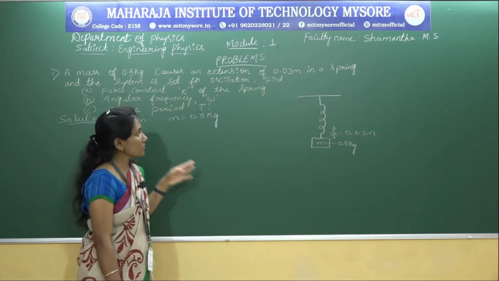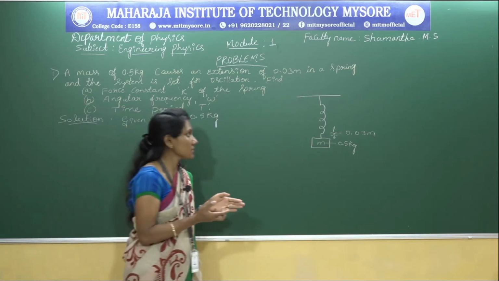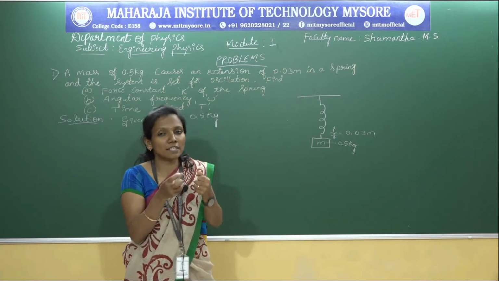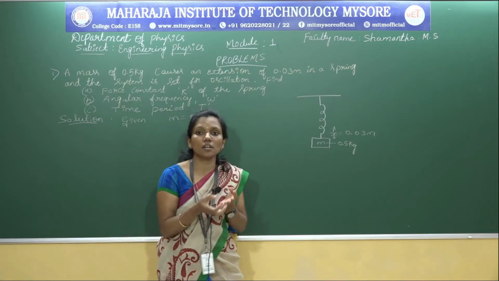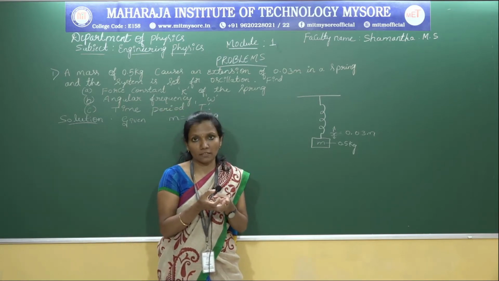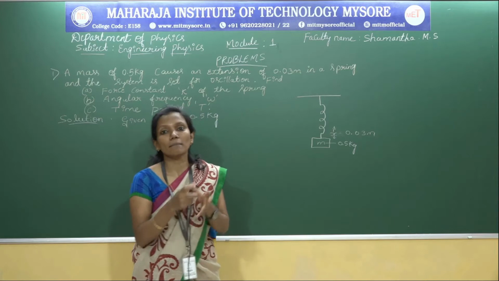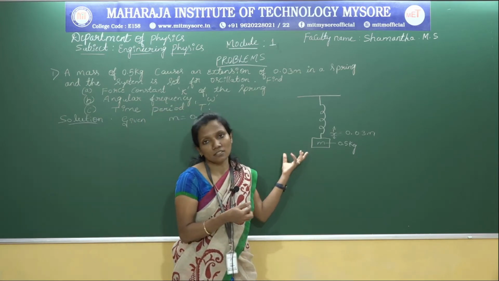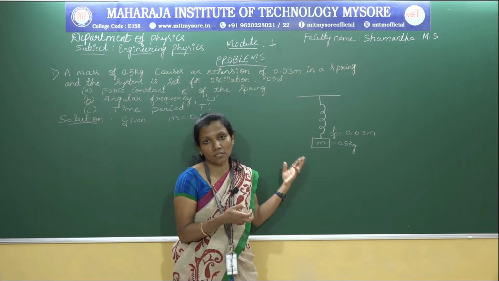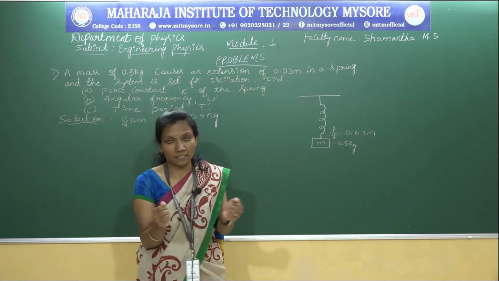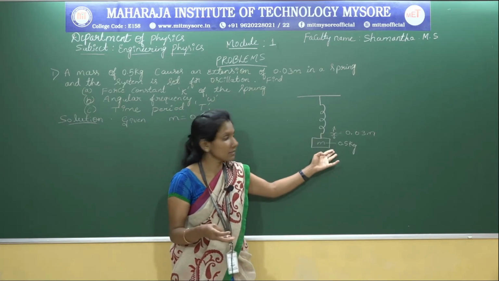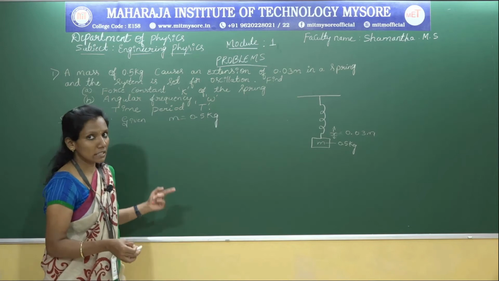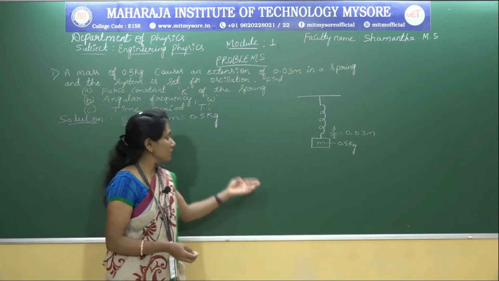The spring constant is the measure of how much we can stretch or compress that spring. We know the formula for the spring constant from Hooke's law, and by using that we can calculate.